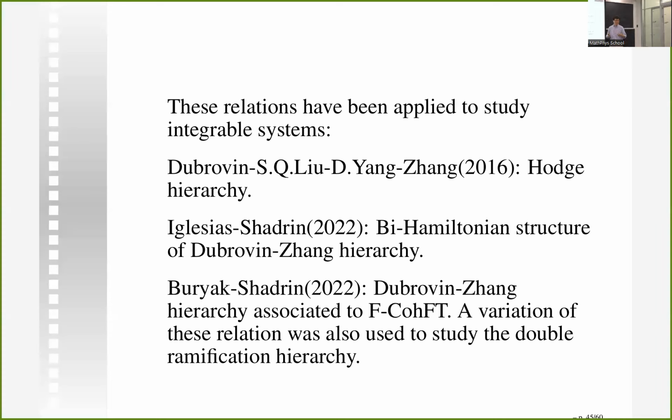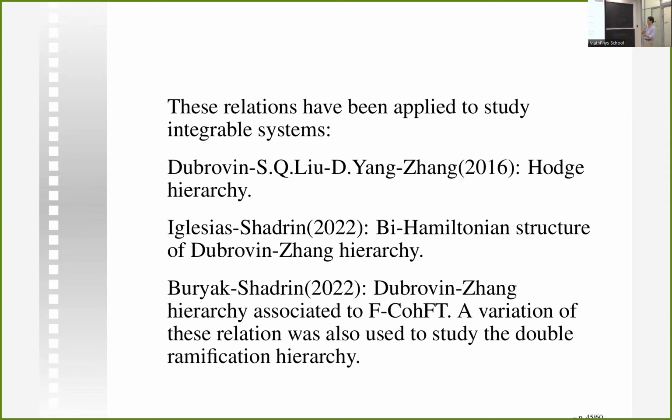So for a long time, besides proving Xiaobo Liu and Hao Qu's conjecture, we didn't notice any application of this relation. But in recent years, these relations have been related to integrable systems. In this paper by Buryak, Liu, and Yang, using a generalization, they said this relation is related to the Hodge hierarchy.